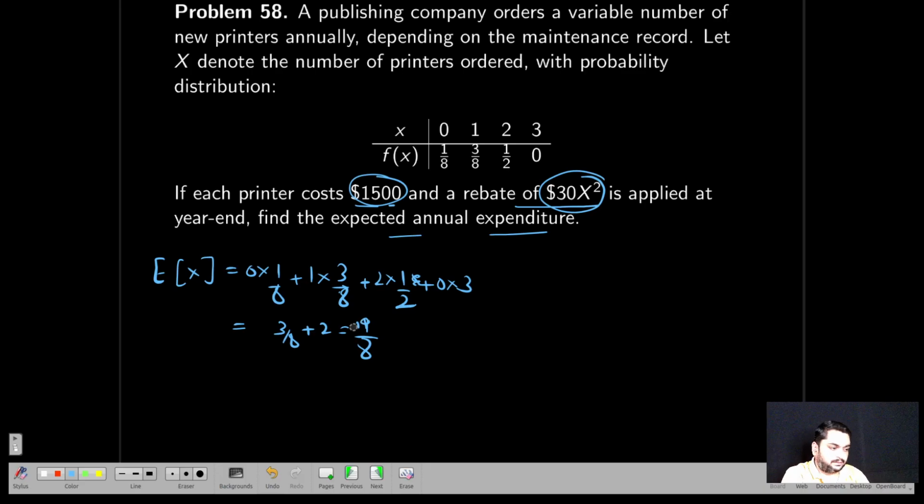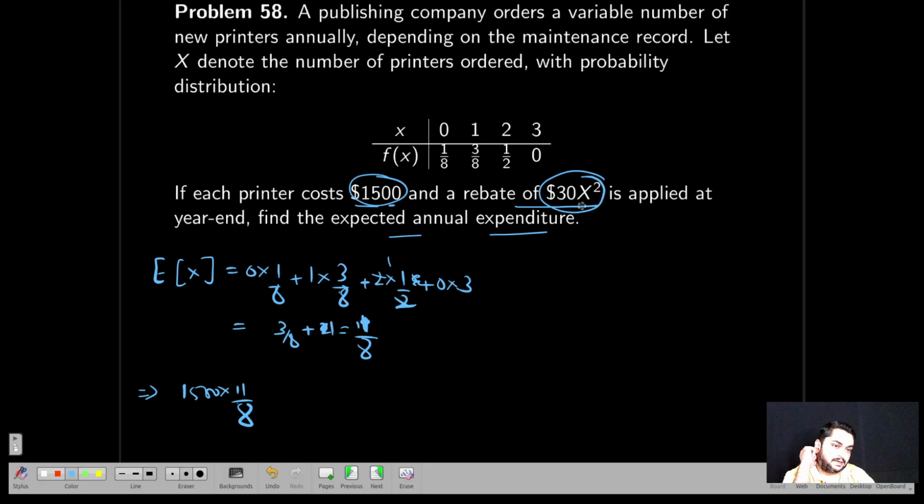I had a mistake here, so 11 by 8 only. Now, what is his expected earnings? 1500 into 11 by 8.